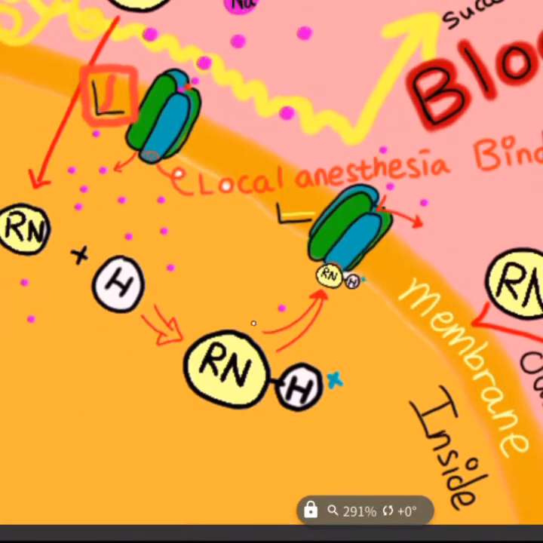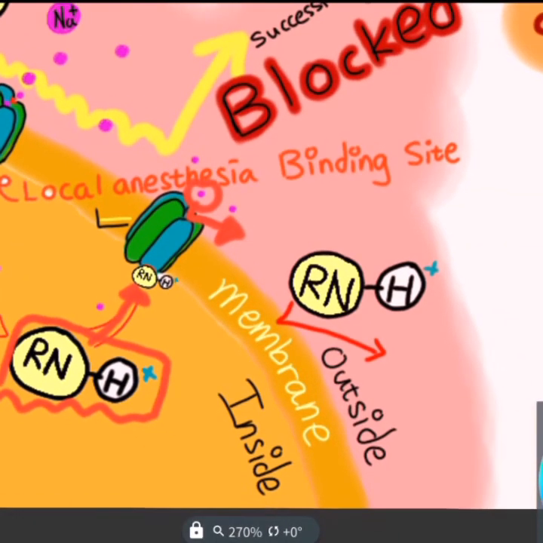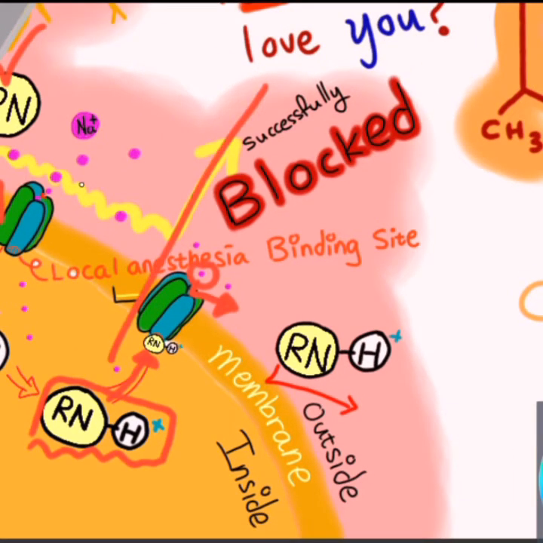Once this local anesthesia molecule is ionized, it becomes activated and attaches to the local anesthesia binding site. Thus, it blocks the sodium from going inside. By doing so, we can successfully block the depolarization.